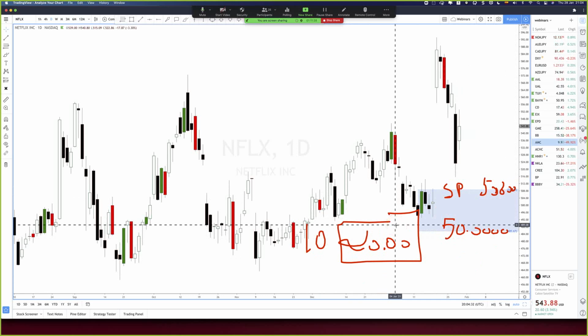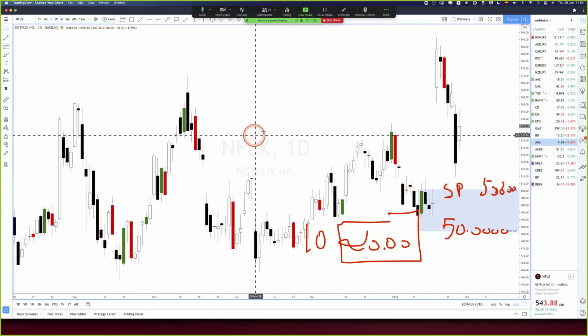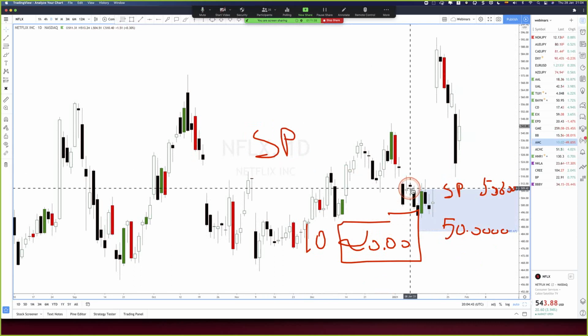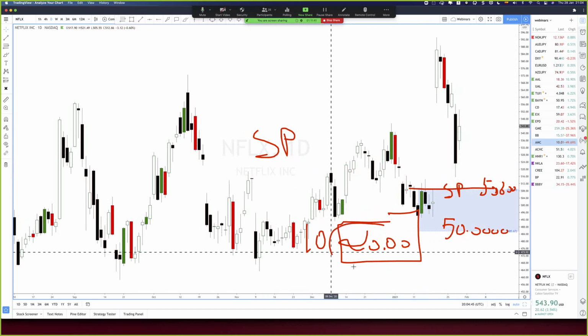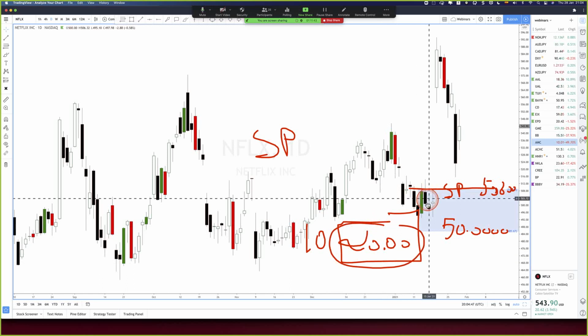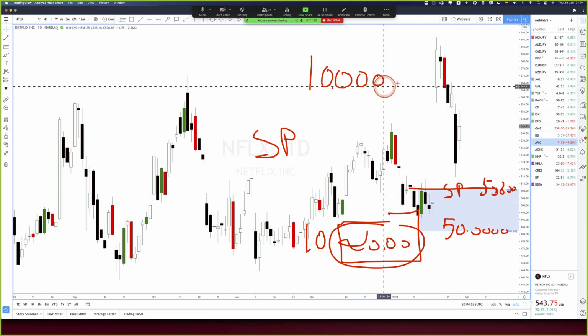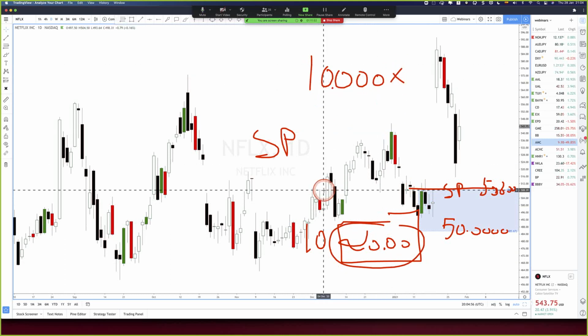So when these big investors want to buy lots of shares of a particular stock, they will sell puts to get what? A discount, because they sell a put and they get, let's say, $2,000 per contract. And imagine they sell 1,000 or 10,000 puts. Multiply that. That's a huge amount of money that they are not putting from their own pockets. It's a credit that they receive.